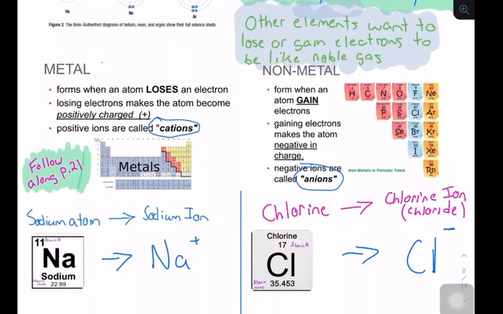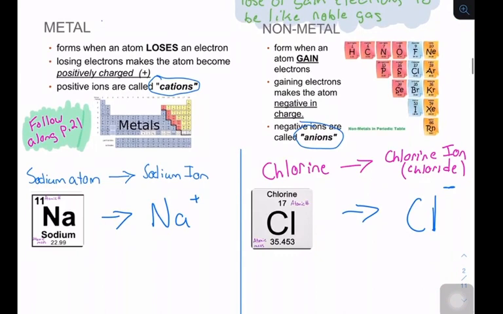So we have some terms for that. All the metals share a property that they will end up losing 1 or more electrons. And when they lose an electron, they're losing a negatively charged particle. That makes the overall charge of that atom positive.